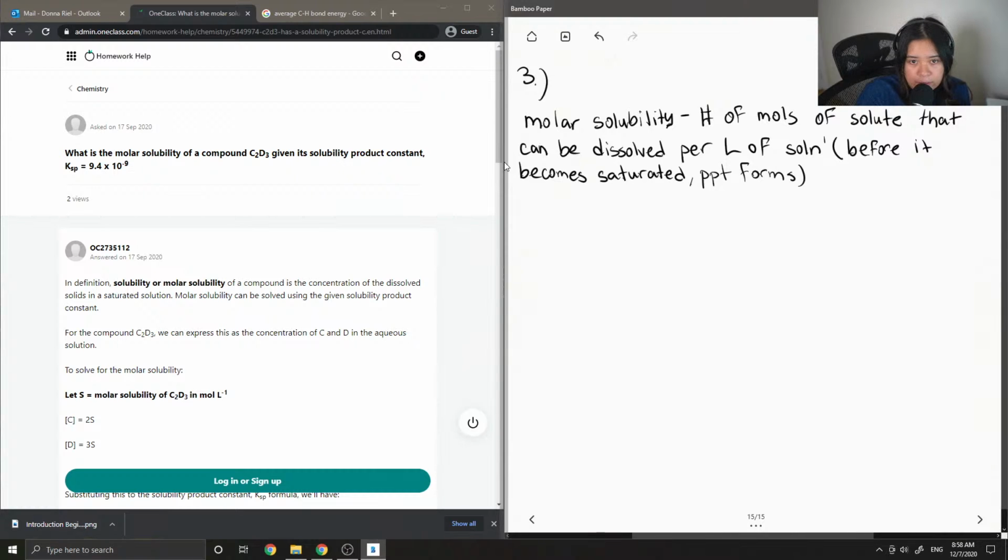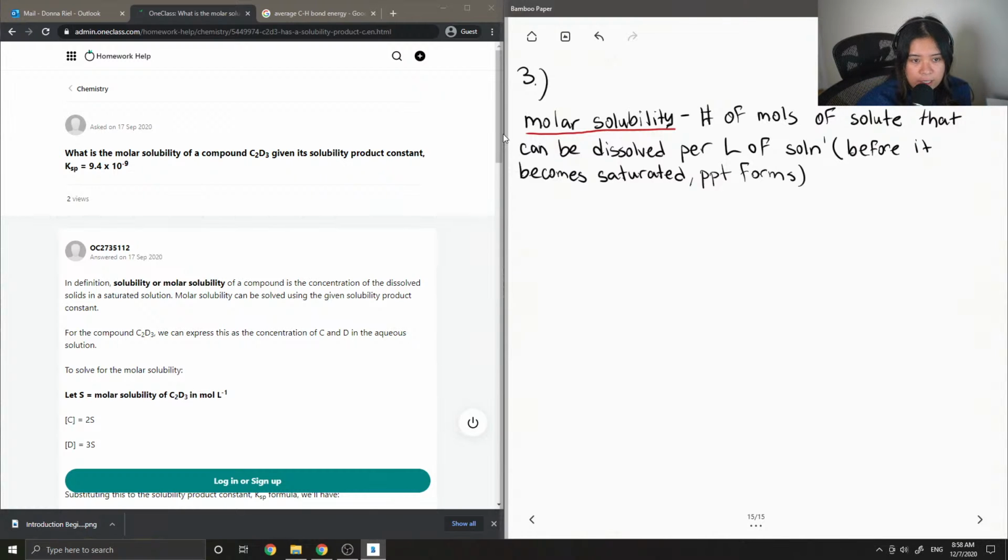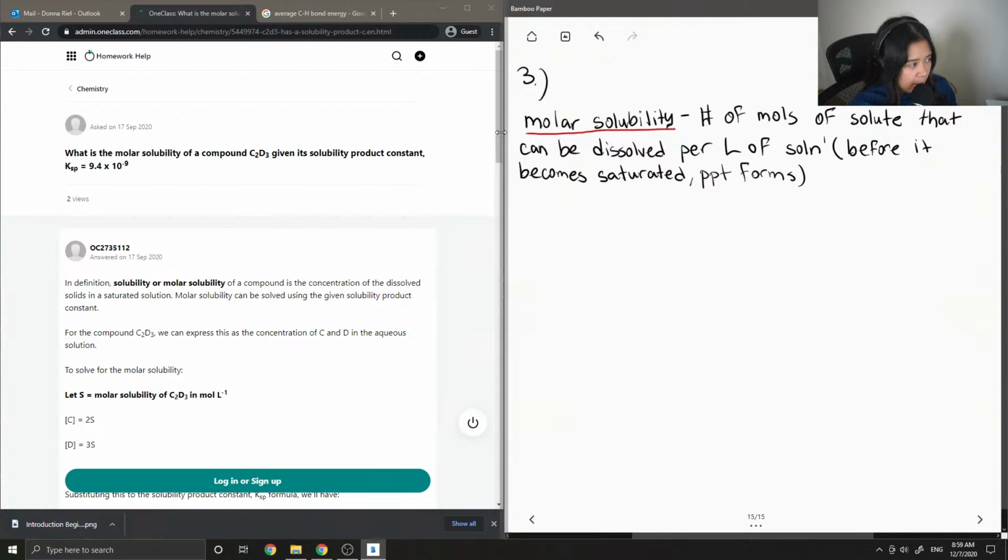So there's going to be a moment where you have a concentration of solute that is greater than the molar solubility, and when you start to add more of the solute, then it's not able to dissolve in the amount of solution that you have. So that's why its precipitate starts to form, and you can start to see a solid in the solution.